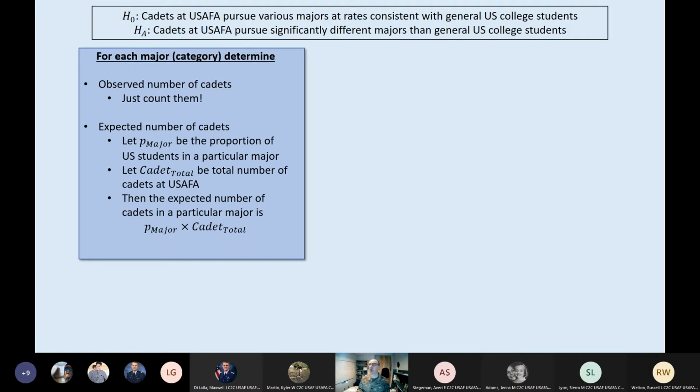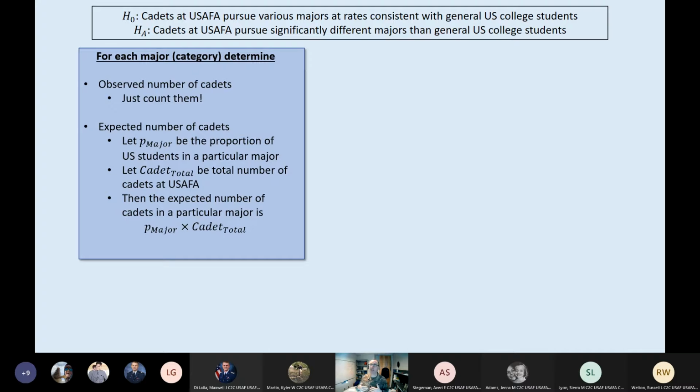The next one is not a whole lot harder to understand, but it's a little harder to calculate, right? So the next one is the expected number of cadets. And what this means in our example is we are comparing it to the distribution of majors in all US colleges, right? Let's say, for example, let's live in a fantasy world where 10% of all college students are math majors. That's not true, I don't think.